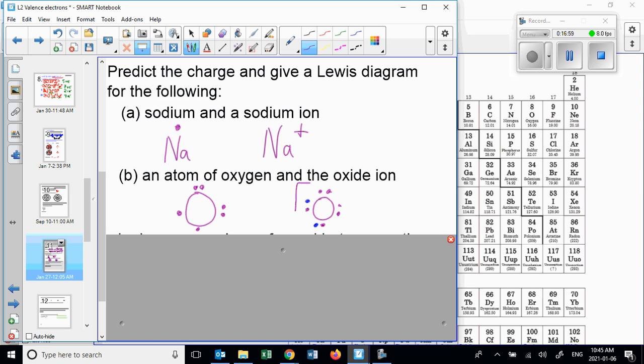Then around this, we put a bracket and 2 minus. Either you pick up electrons, like oxygen, which makes a negative charge, an anion, or if you lose electrons, like sodium, you get a positive charge.